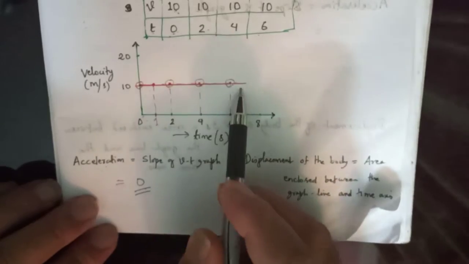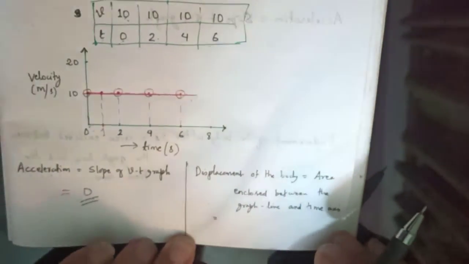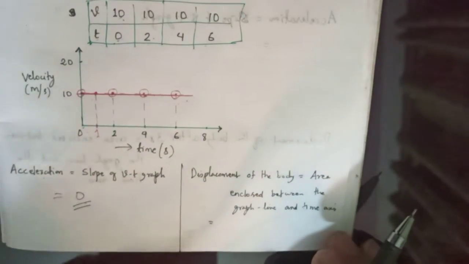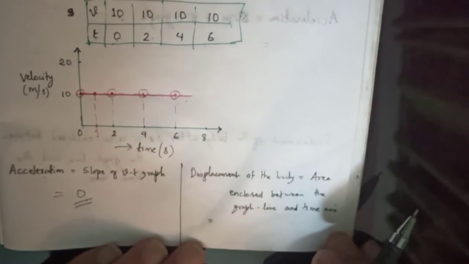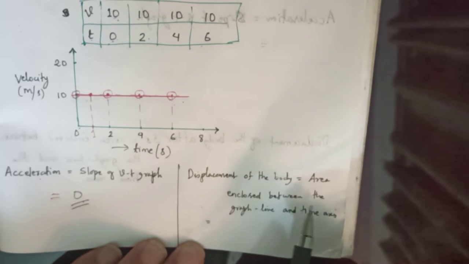And the slope of this VT graph is also 0. You can also calculate the displacement of the body after a certain instant of time from the velocity time graph. In order to calculate the displacement of the body, we have to calculate the area enclosed between the graph line and the time axis.